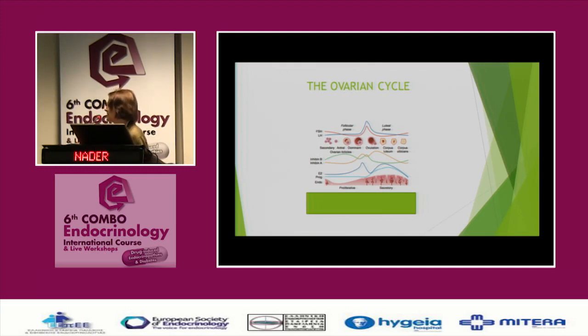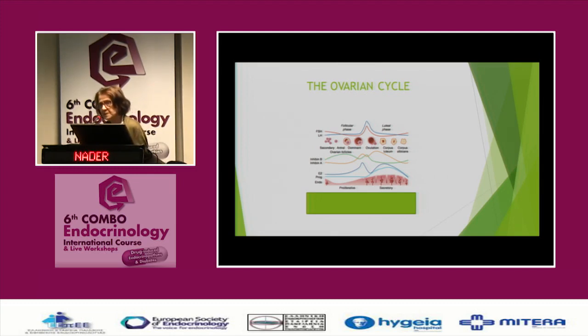By that time, estradiol has peaked, and that peak has been maintained for a certain length of time, and there's a positive feedback effect on the anterior pituitary, bringing about the gonadotropin mid-cycle surge, which allows for rupture of the follicle, release of the oocyte, hopefully into the fallopian tube, and the cells that remain behind form the corpus luteum.